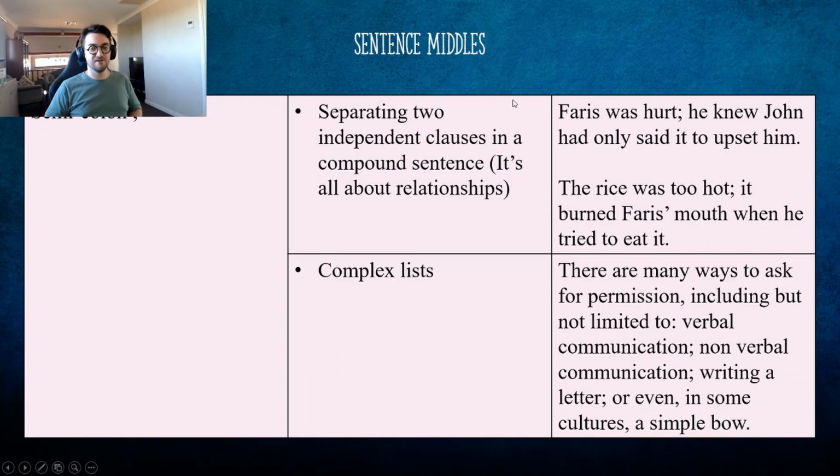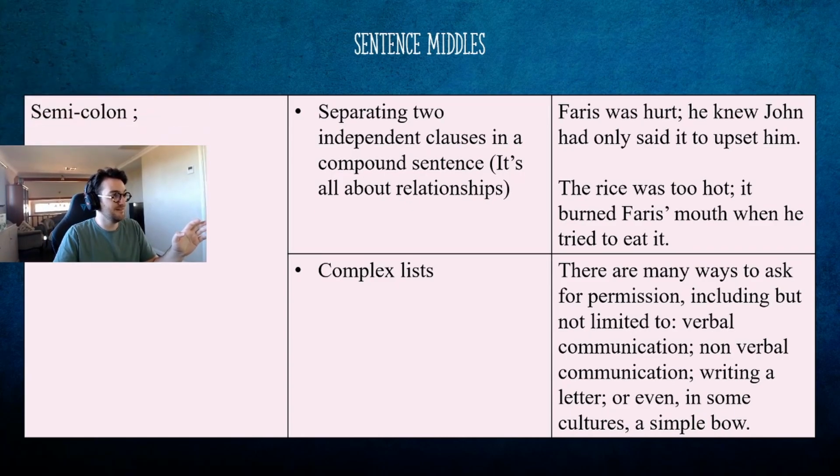Okay, so semicolons. The first use for a semicolon causes a lot of confusion for people. Semicolons are used to separate two independent clauses in a compound sentence.